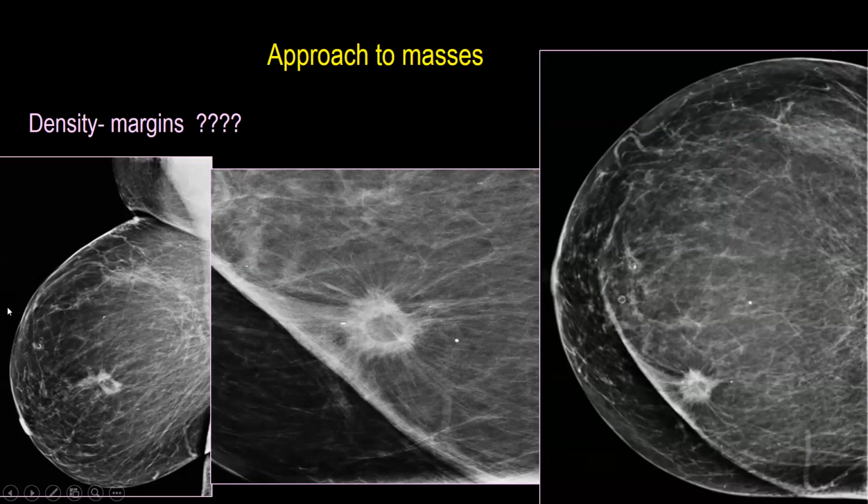Can you see here? These are fat necrosis. And look at the center here. It is more or less smooth like this, but still we cannot report it confidently as BI-RADS 2. We have to evaluate it further. If we have a previous study to compare with, good.